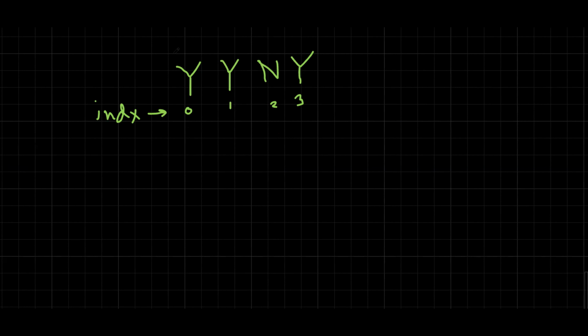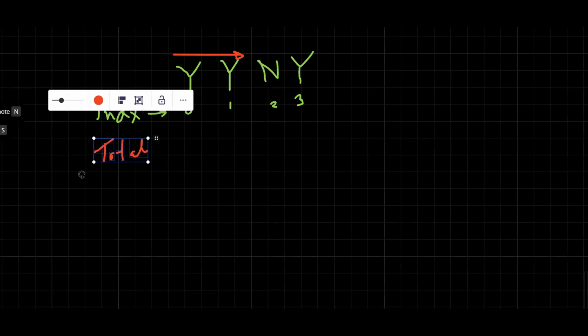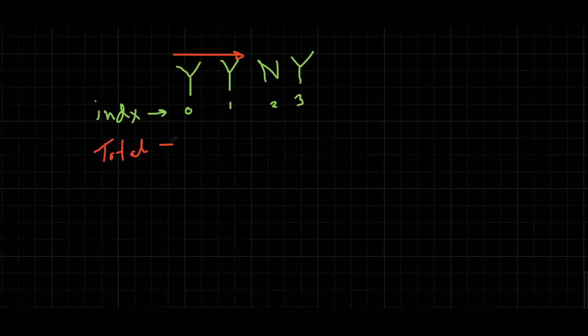So here we will run a loop from left to right, and at first we will take a variable named total. Now we have to check what the net profit is at each of the positions.